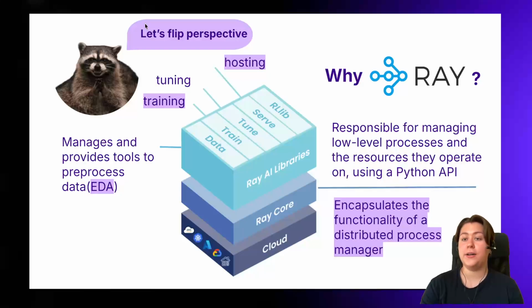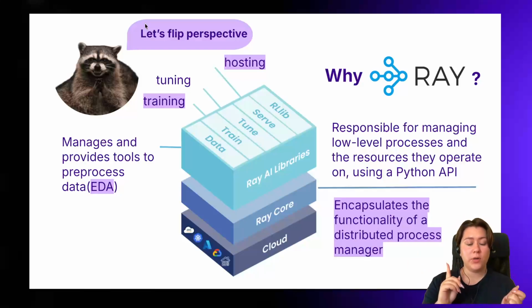And that's what Ray was designed for. It's a framework that essentially covers the full life cycle of the model. Here we can talk about data, about training your model, tuning it, serving it, and we also have Ray Core. Ray Core encapsulates the functionality of the distributed processing manager and stands as a middleman between you and the cloud that you are using.